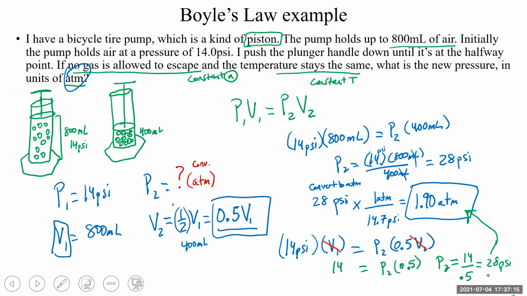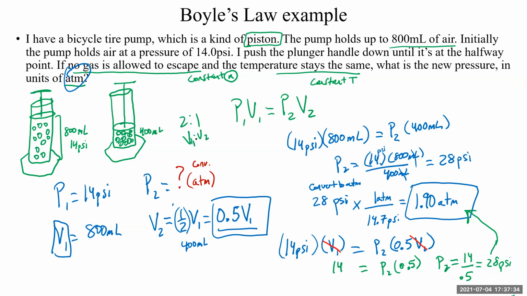They just cancel out, and you're left with just the numerical ratio between the variable before and after. In this case, we had a 2-to-1 ratio of volume before and after.